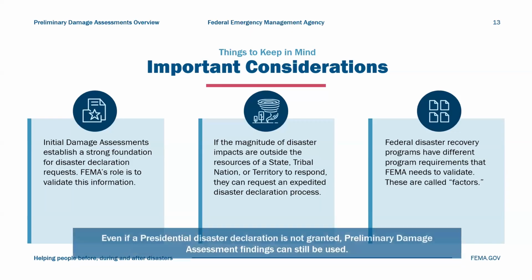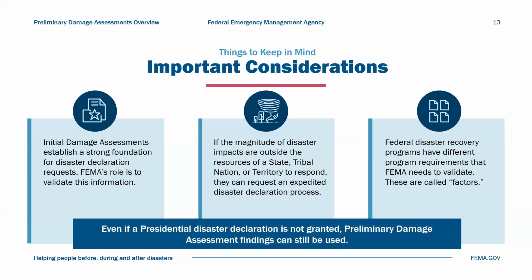Finally, even if a federal disaster declaration is not granted, preliminary damage assessment findings can still be used by the states, tribal nations, and territories to support disaster recovery planning, request assistance from non-federal programs, and refine future mitigation strategies.